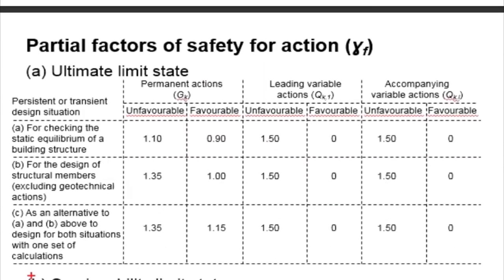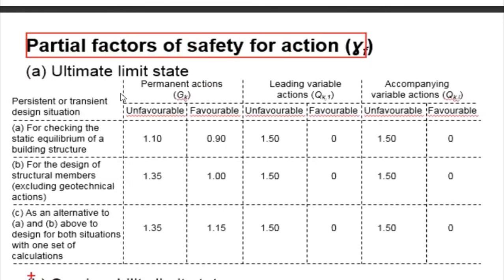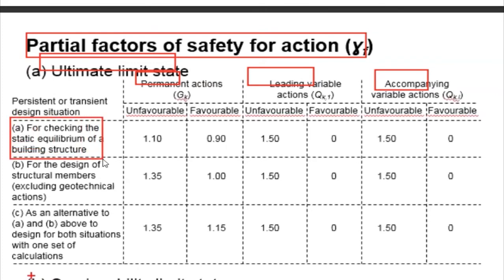Now the partial factor of safety. The partial factor of safety for the ultimate limit state with its condition of load, as we said, depends on the type. If it is type 1, or once you want to check only the static equilibrium of the structure, the value for unfavorable is 1.1 and the favorable is lower, 0.9.